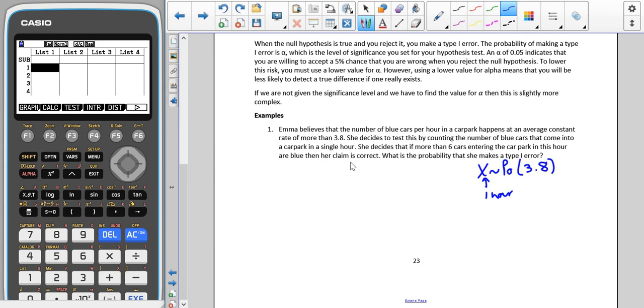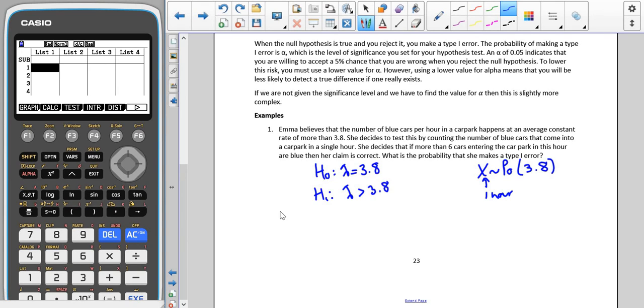Now this is also where it's slightly different to hypothesis testing, in the fact that it says strictly more than 6, so that means more than 6. If she gets 6, she's still going to be accepting H0. She's going to say that there's no change. So if we were to run a hypothesis test on this, our H0 would have been that lambda equals 3.8, and our H1 would have been that lambda is more than 3.8.